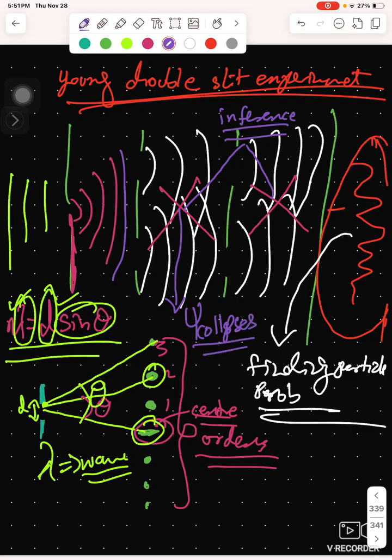Wherever they're meeting, the wave function collapses, we get a definite value over there, a definite particle over there. Okay, and that's it. Thank you.